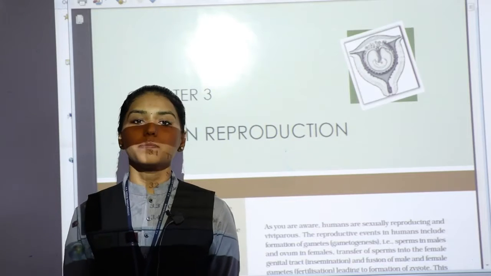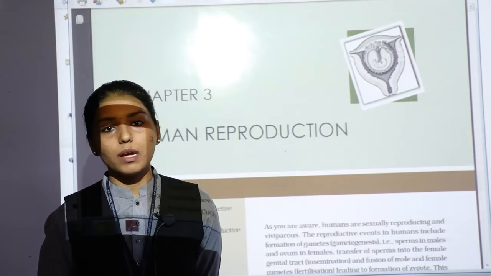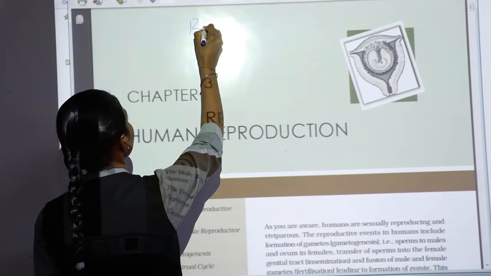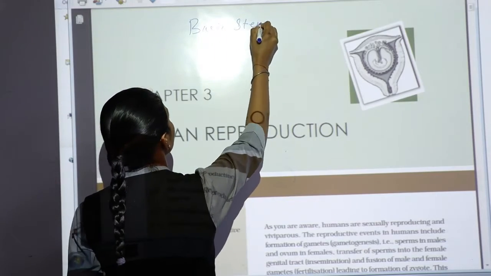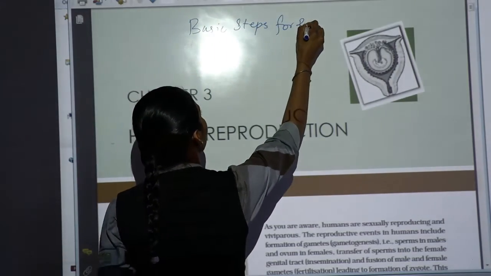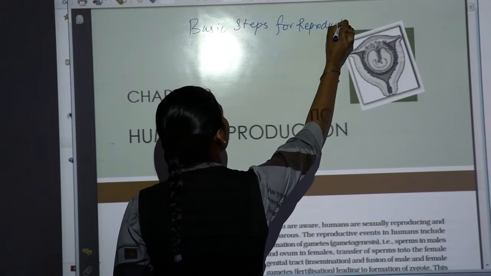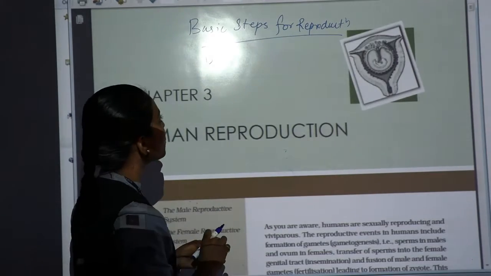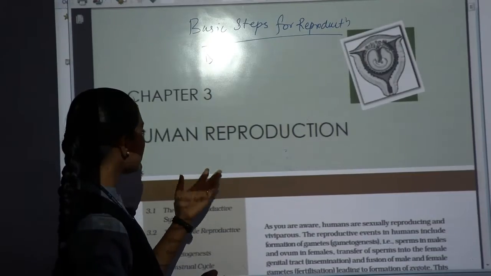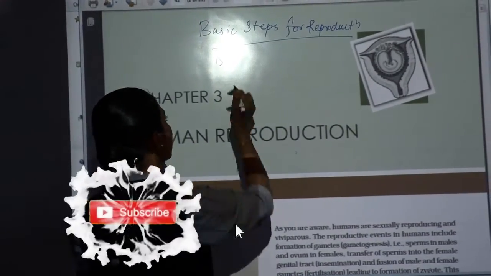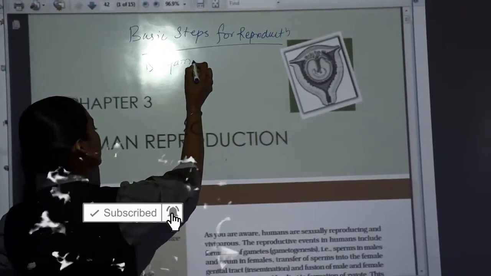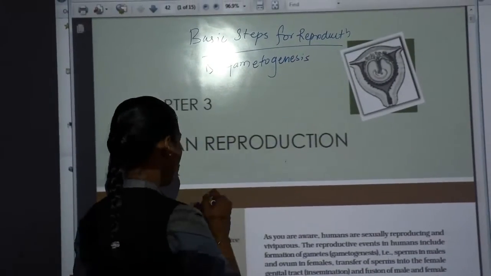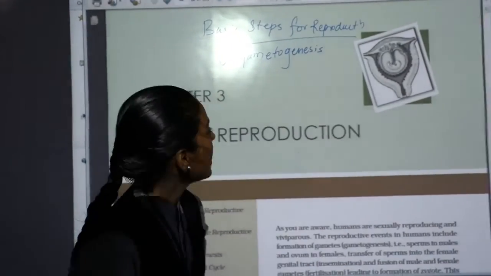In sexual reproduction, there are basic steps to be remembered. I will just write the basic steps for reproduction. The first basic step you need to know for human reproduction in the further lectures is gametogenesis.